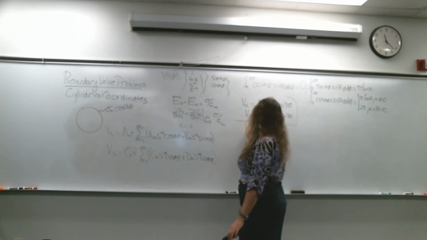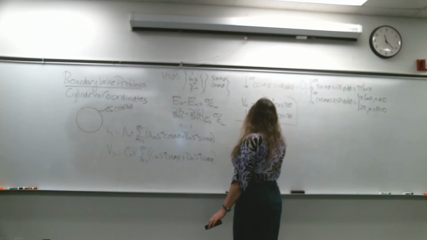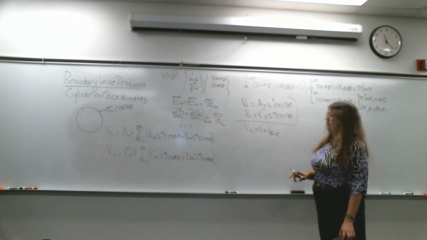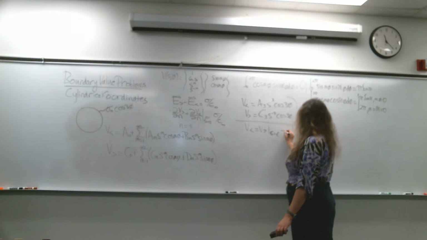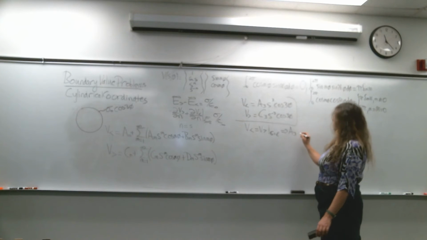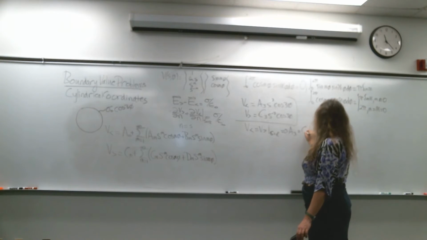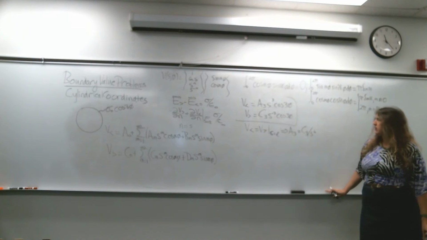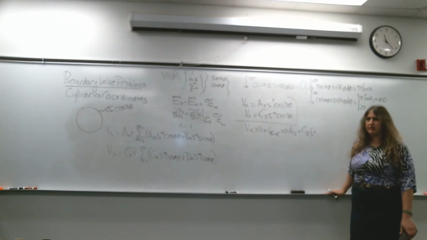We also have continuity of potential. So that means this is equal to this at the surface, which implies that A3 is equal to C3 over R to the 6th.